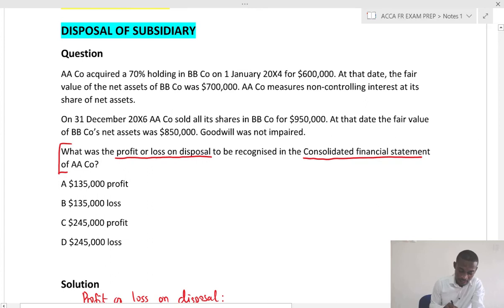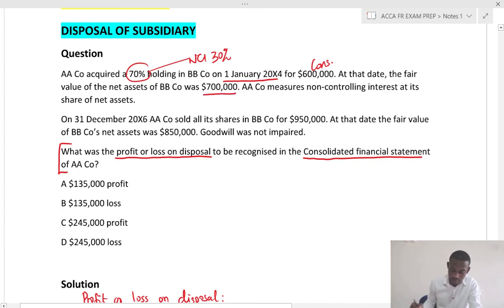Now, A acquired 70%, so NCI is 30%, in BB on 1st January 20X4 for 600,000. So that's the consideration. At that date, the fair value of net assets was 700. AA measures non-controlling interest at its share of net assets, so we use the proportionate method.